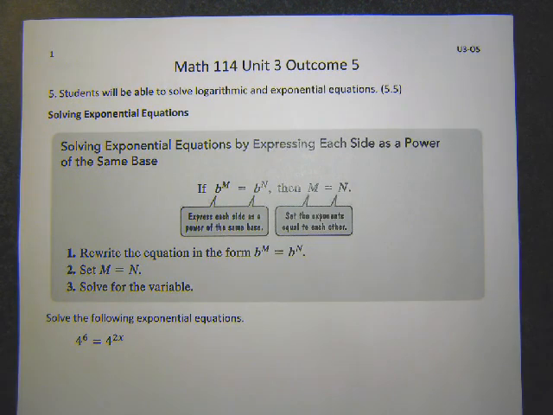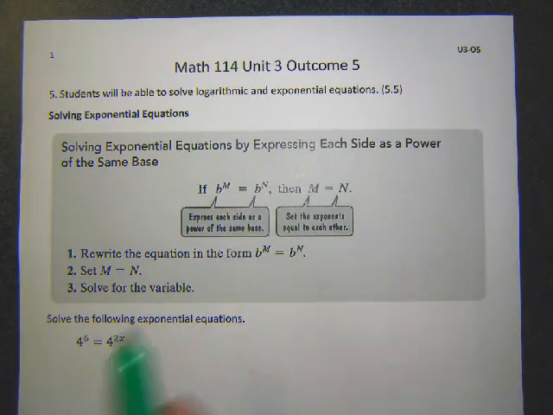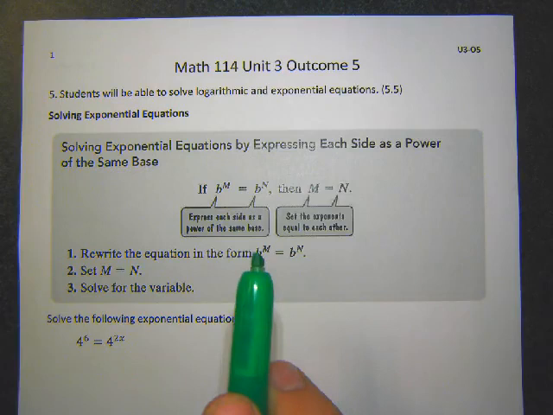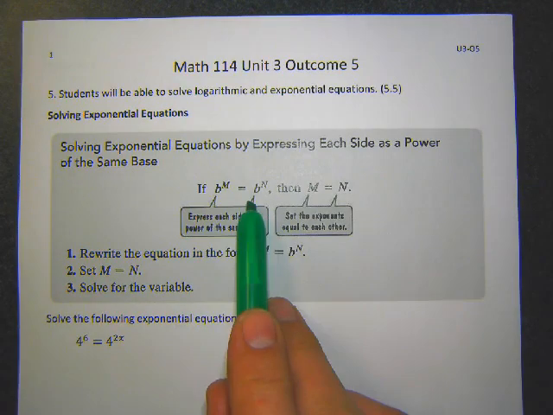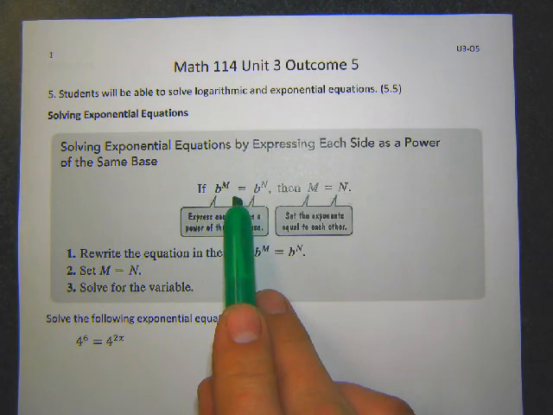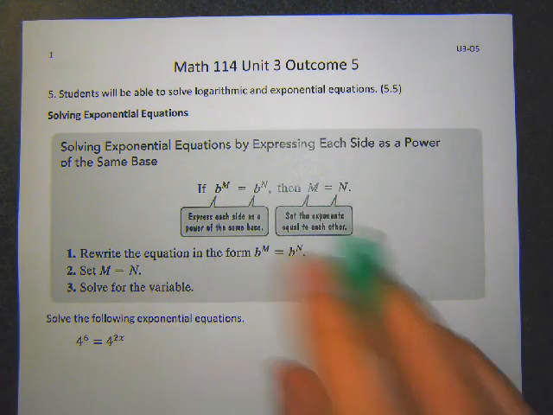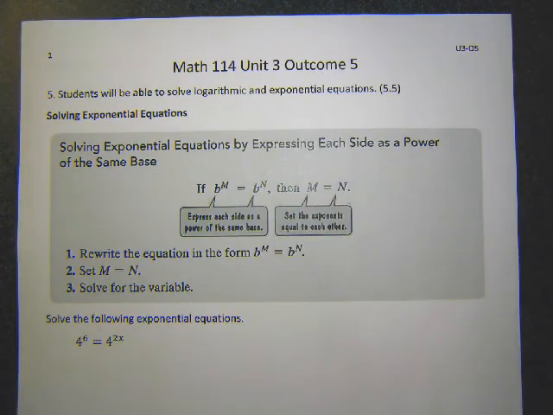The first technique isn't used very often, but if it can be used, it's a lot easier than other methods. If we have x in the power, one of the tricks is noting that if the bases match and things are equal, then the powers have to match. This is due to the one-to-one property of exponential functions.